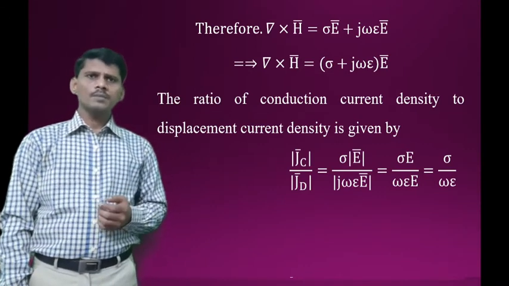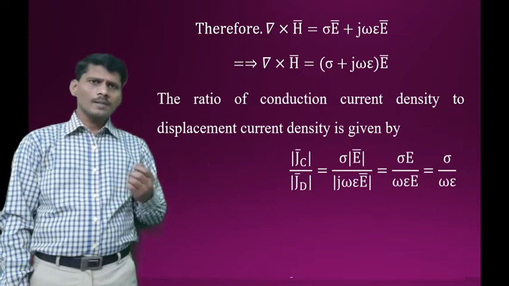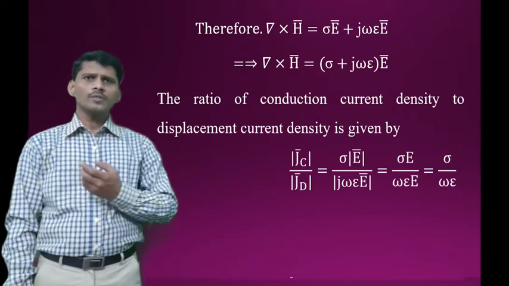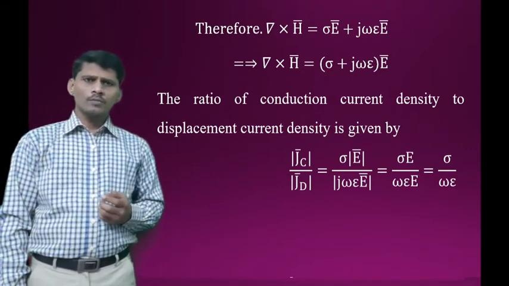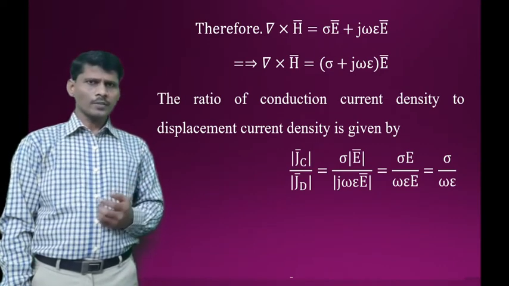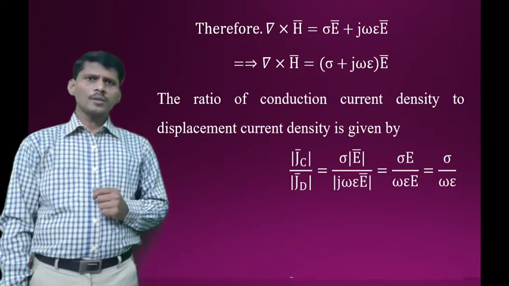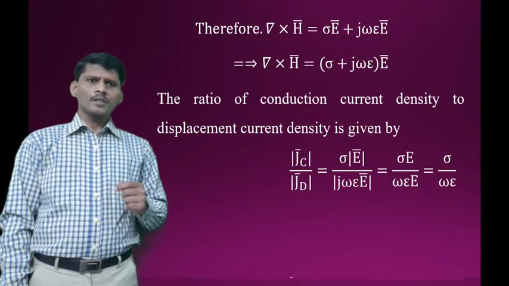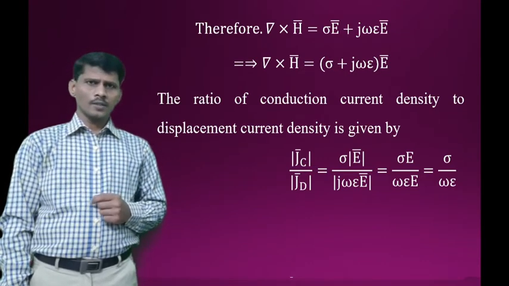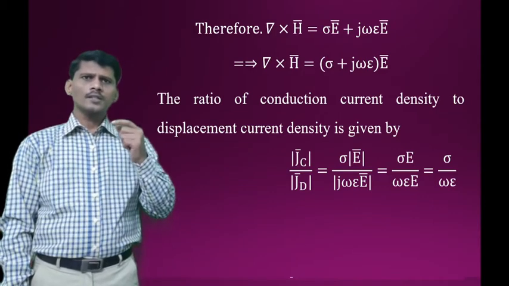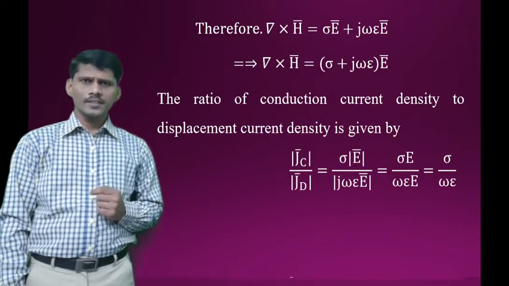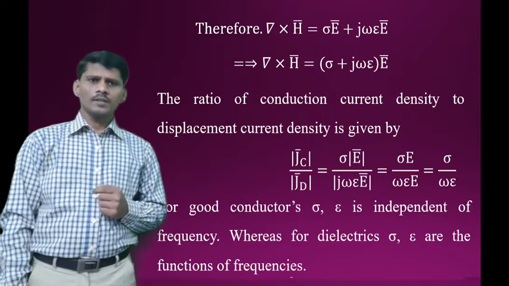The displacement current density is j omega epsilon E bar, so the magnitude of Jd bar is the magnitude of j omega into epsilon into the magnitude of E bar. The magnitude of j is 1. So the ratio of conduction current density to displacement current density is sigma by omega epsilon.